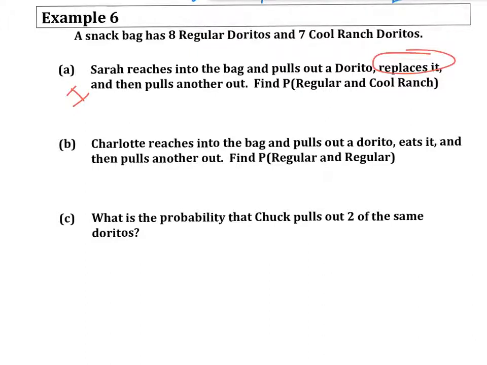If she puts it back, then her initial pick will not affect the probability of her second pick. So we would then go ahead and calculate the probability of both of these happening. So first we want to find the probability of her selecting a regular, and then multiply that, because the word was "and," by the probability of a Cool Ranch.